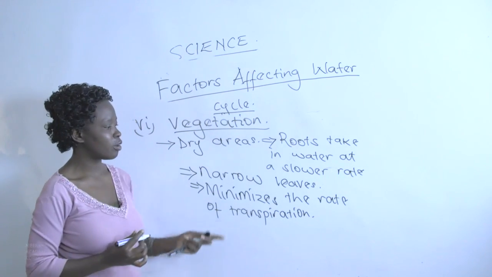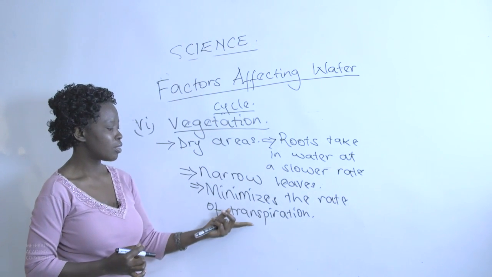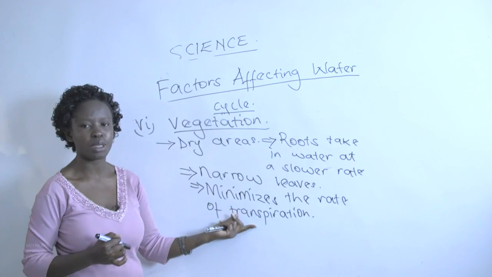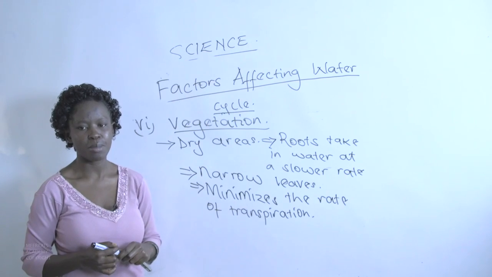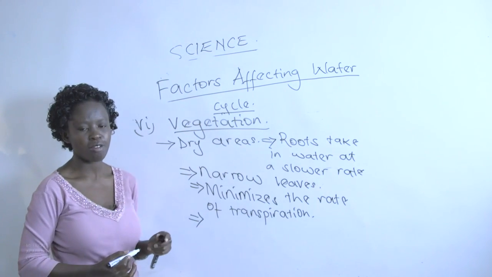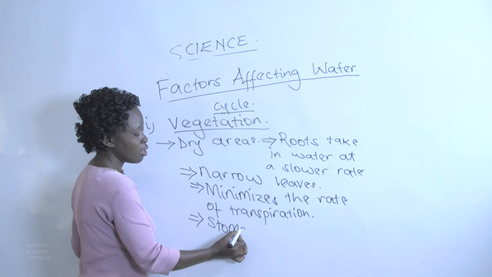Since the narrow leaves minimize the rate of transpiration, the rate at which water is returned to the atmosphere is reduced. So in the process, the water cycle is minimized. At the same time, we find that the leaves have spaces called stomata.